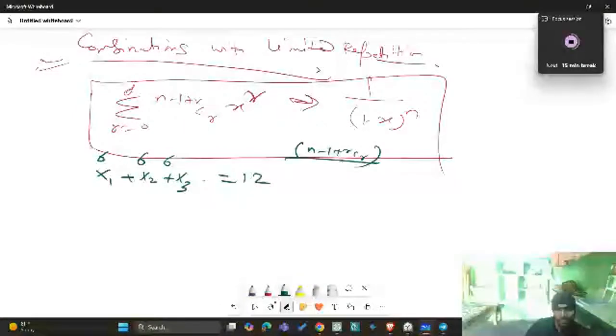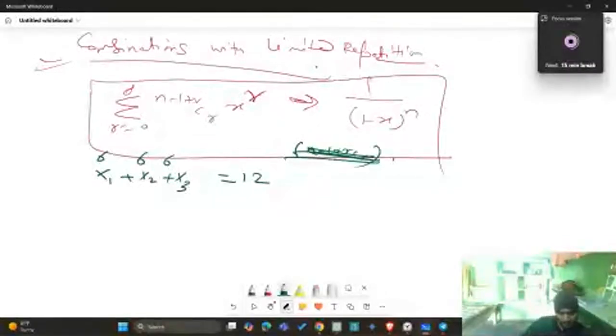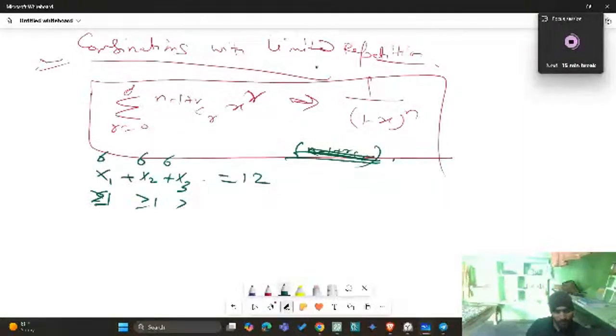First we remove the lower constraint, which is x greater than or equal to 1. So we do x1 plus x2 plus x3 is equal to 9.